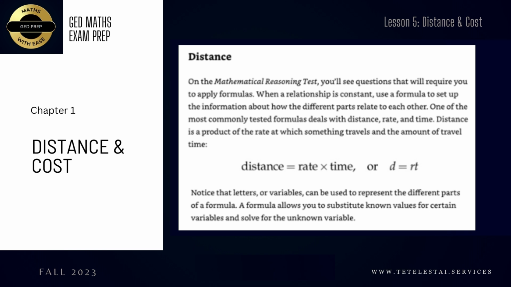A formula really just allows you to substitute known values for certain variables and solve for the unknown variable. So instead of writing out this entire sentence, you can just with shorthand write the formula D equals RT, and it means exactly the same as this entire sentence, right? But mathematicians like symbols.